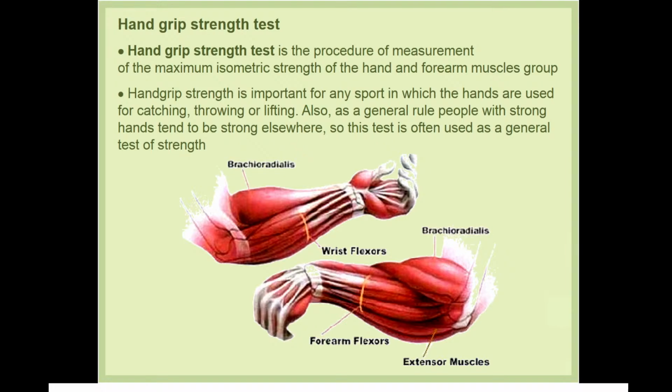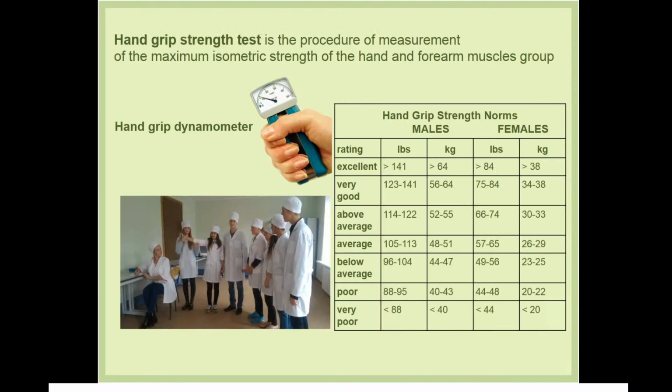Here you can see the forearm muscle groups that are under investigation by this hand grip strength test. The hand grip strength test is a procedure of measurement of the maximum isometric strength of the hand and forearm muscle group.